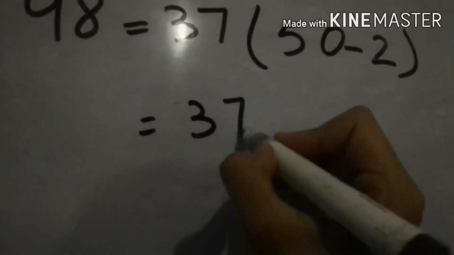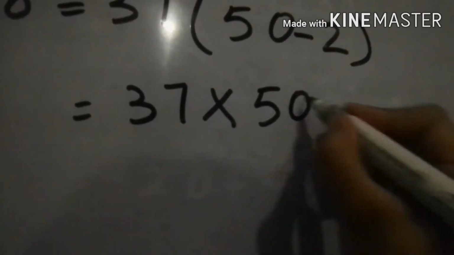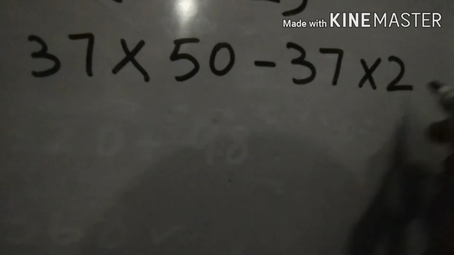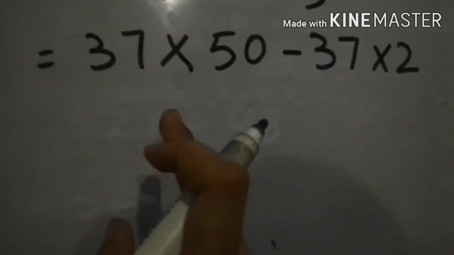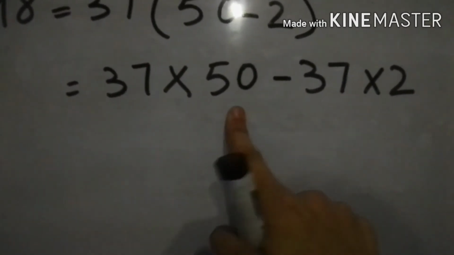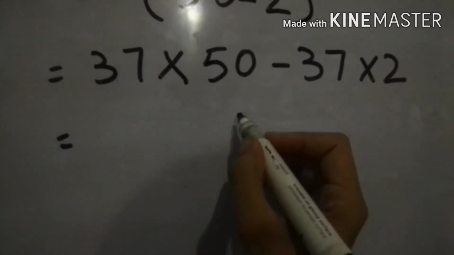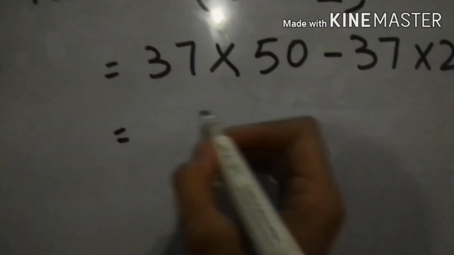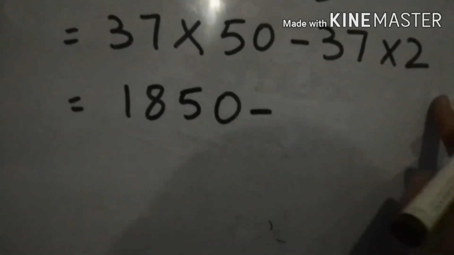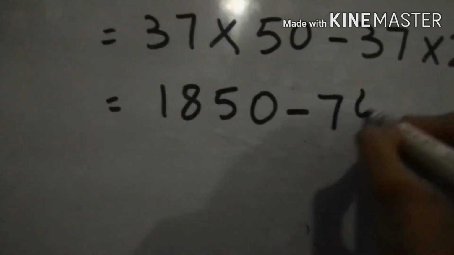We will multiply 37 with both the numbers present in the bracket. 37 multiplied by 50 minus 37 multiplied by 2. 37 multiplied by 50 is equal to 1850 minus 37 multiplied by 2 is equal to 74.